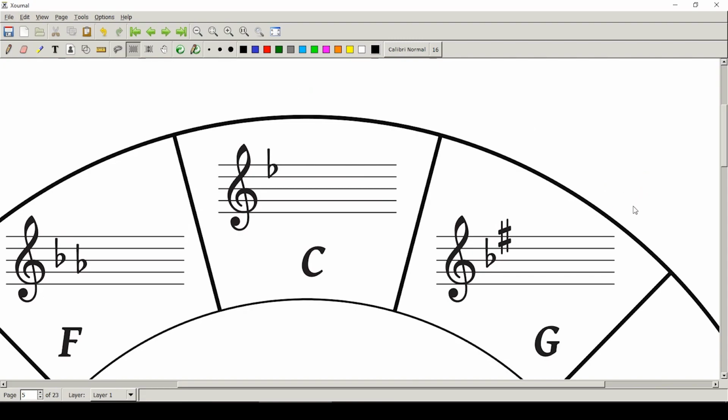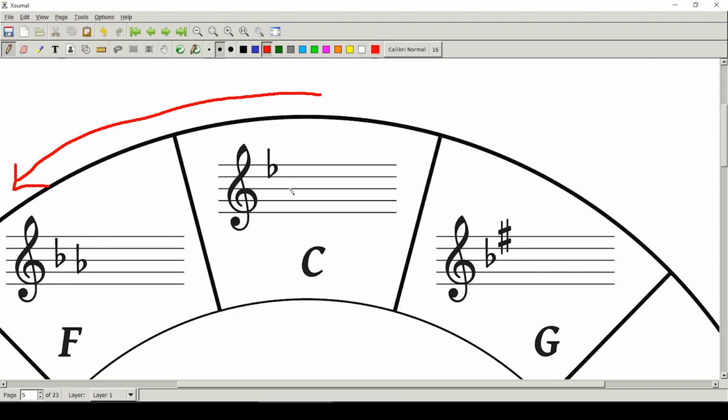And the same thing is going to be true if I try to go in reverse, right? If I try to go counterclockwise on this circle of fifths, C to F melodic minor also is going to involve both motion up and down. E flat is going to go up to E natural, since C has E flat, but F has E natural.